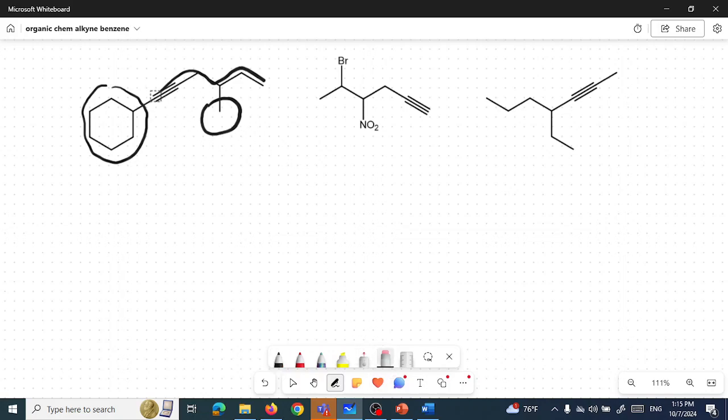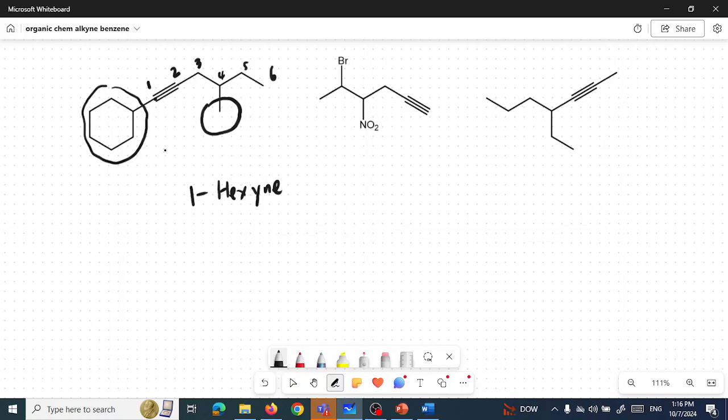The rest of the basic chain should be numbered from, in this case, where the triple bond starts. 1, that's a carbon. There's another carbon, 2, then 3, and 4, and 5, and 6. So the basic chain of this one is going to be 1-hexyne.